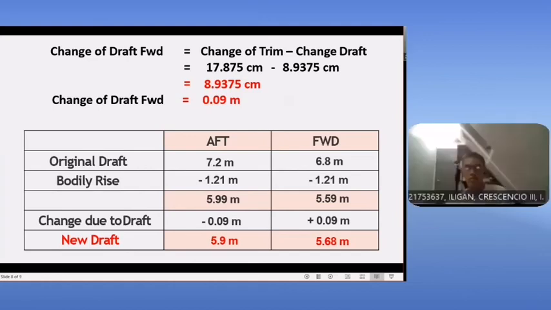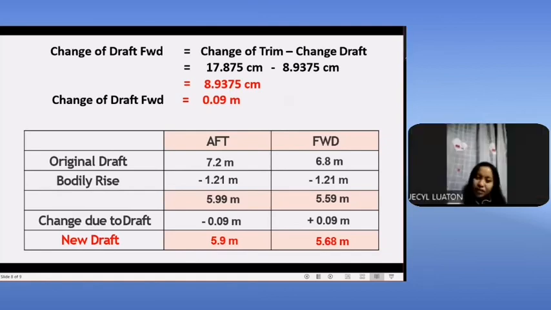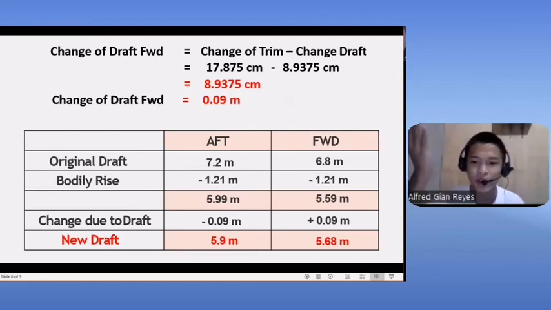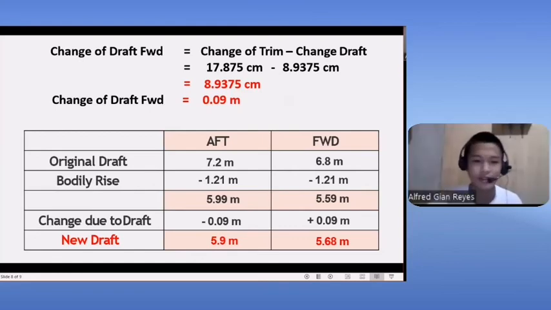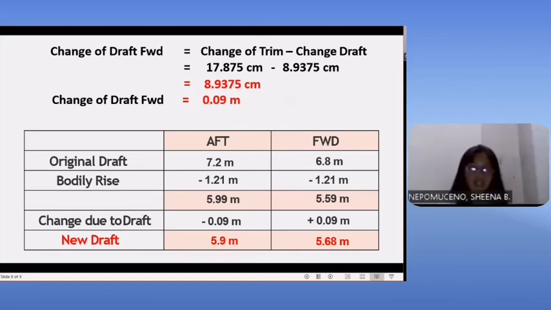Since our change of trim is by the forward, we subtract 0.09 meters for the aft, and that's why we get 5.9 meters. And because it is by the forward, the forward will have the increase of draft, so we add to it. That's correct.